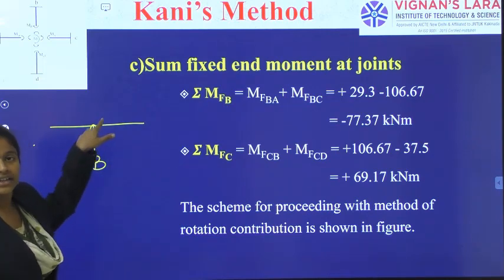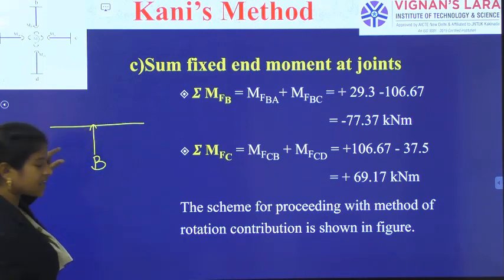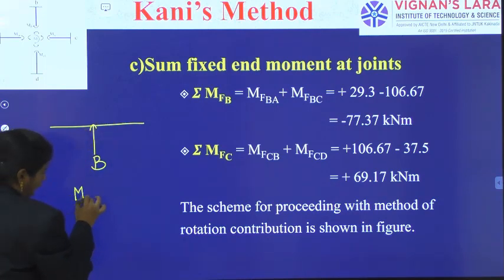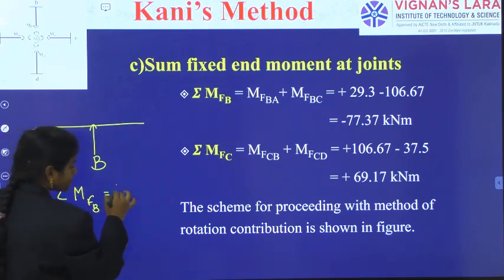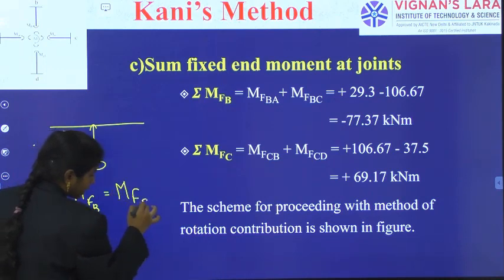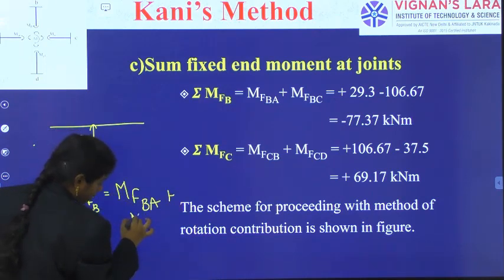Now, finally, the total fixed end moment at B is sigma MFB, indicating MFBA plus MFBC.